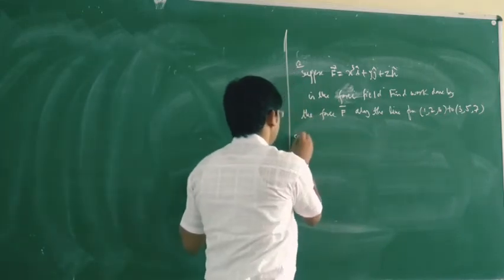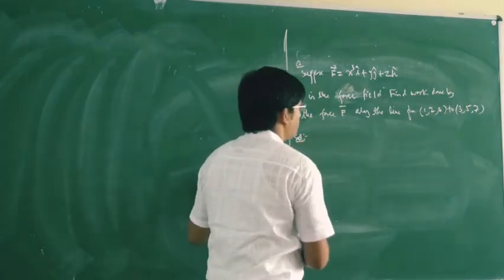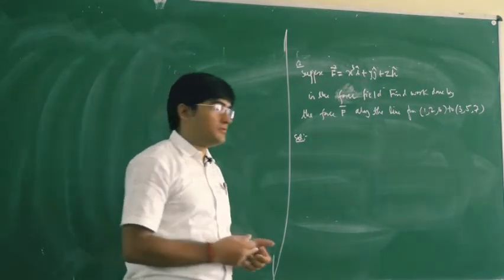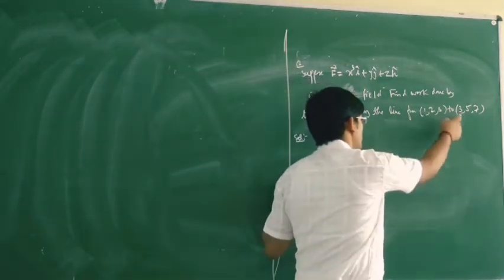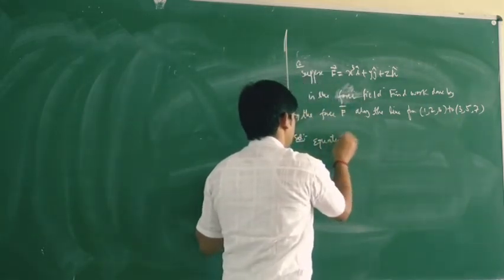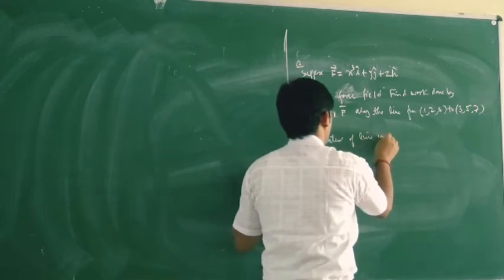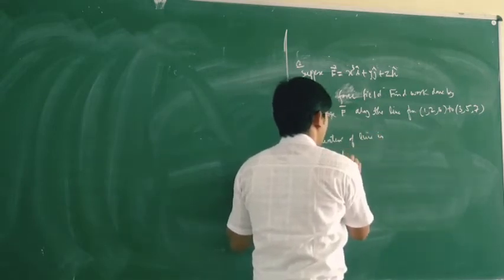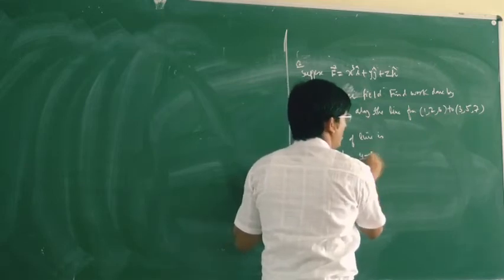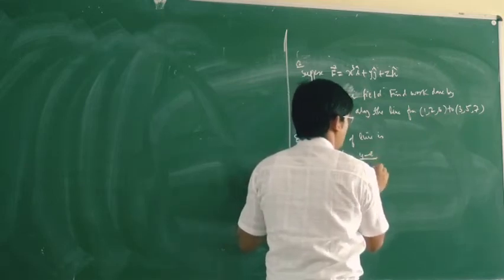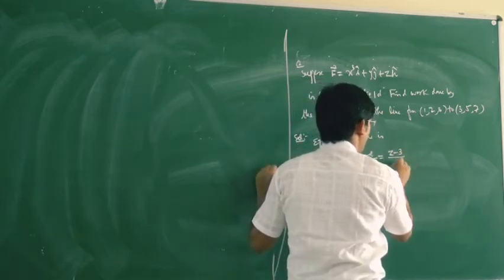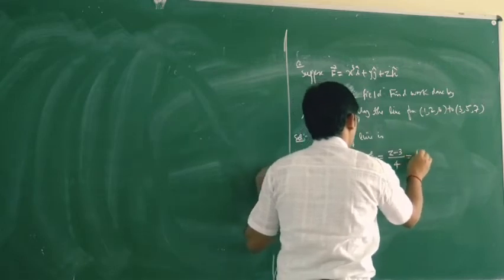So, solution. Now let us find out the equation of the line passing through these 2 points. So the equation of the line will be (x minus x1) upon (x2 minus x1), so this will be 2; (y minus y1) upon (y2 minus y1), 5 minus 2 will be 3; and (z minus z1) upon (z2 minus z1), 7 minus 3 will be 4, and say this is equal to t.